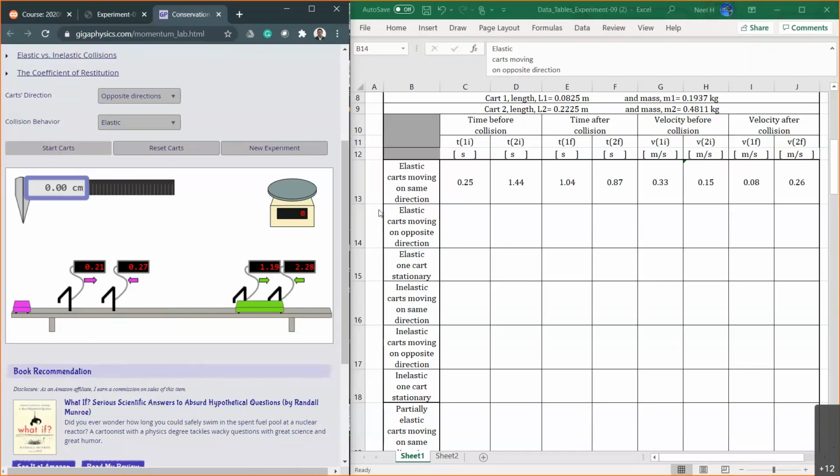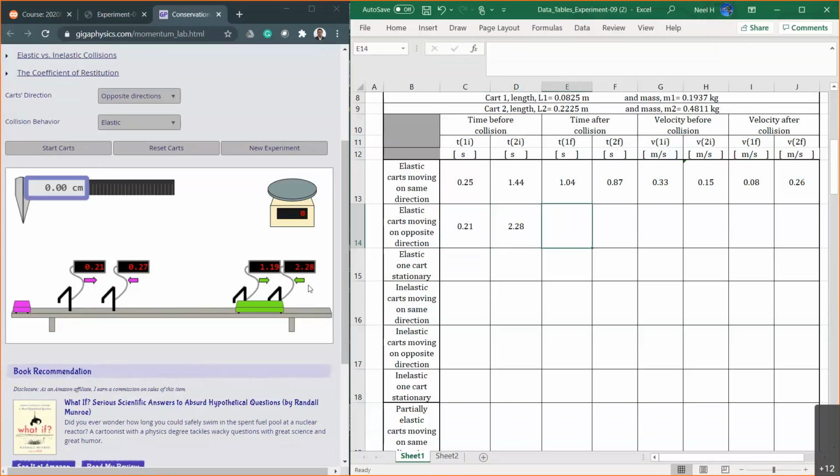Okay. Now let's record the numbers. So what we have, cart number 1 before the collision, pink arrow number 1, photo gate 1, right? 0.21. Cart number 2 before the collision, green arrow, photo gate number 4, 2.28, but that is negative.